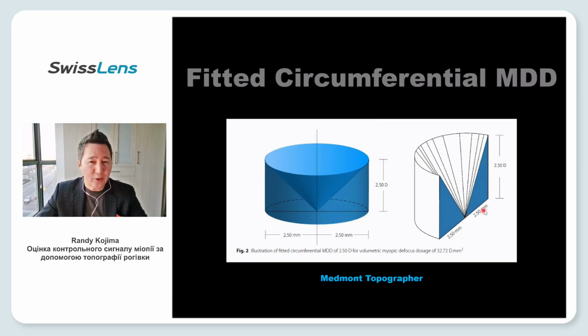If you imagine a cone of power that is created by orthokeratology, more effect in the center, less effect as we go out to the periphery, and determining that differential between the peak of the cone and what's happening in the center. So all of these metrics were studied to determine which one could most accurately predict eye growth in children.